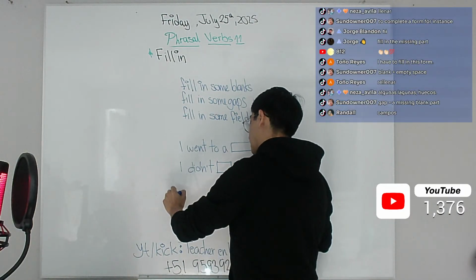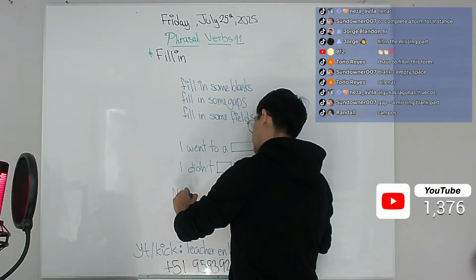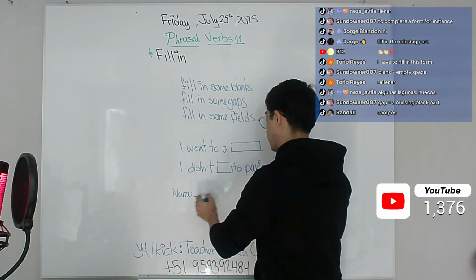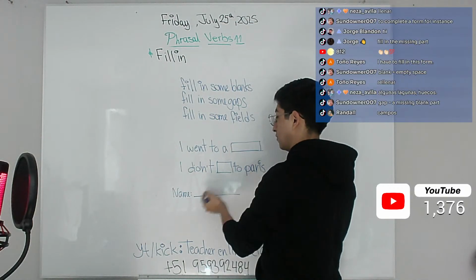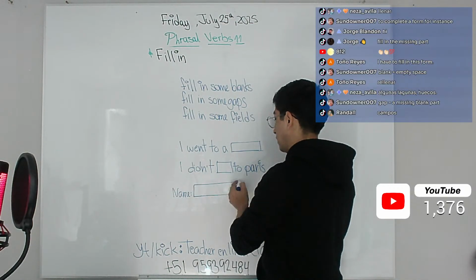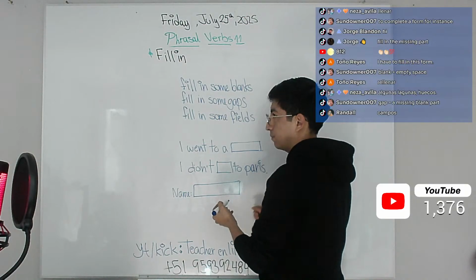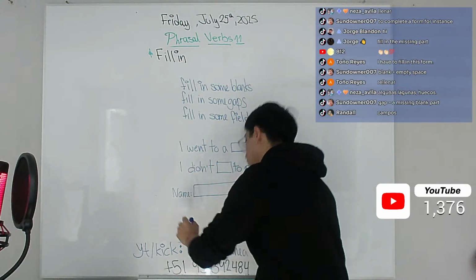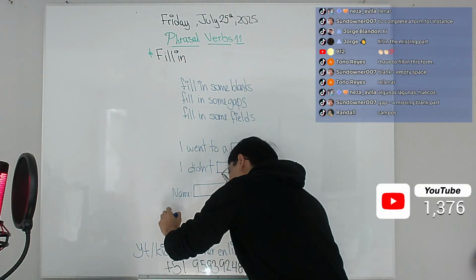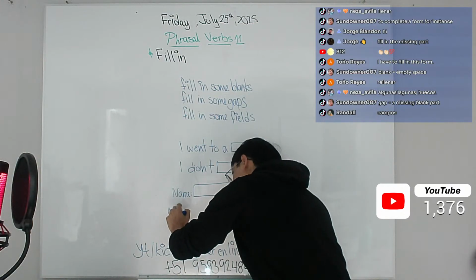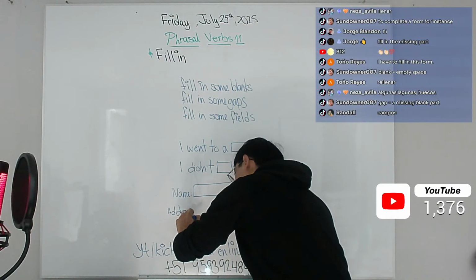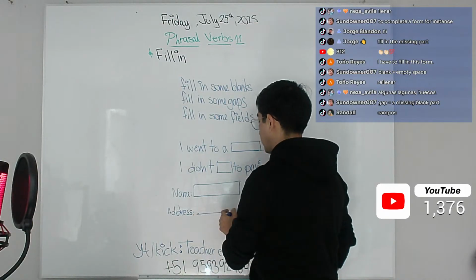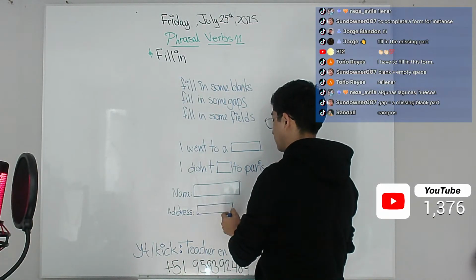For example, we have here name, and then you have here a field. This is a field. This is very common for surveys, or some forms. We have here address, and then we have here another field.